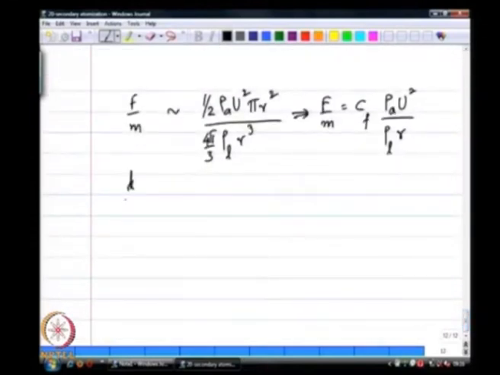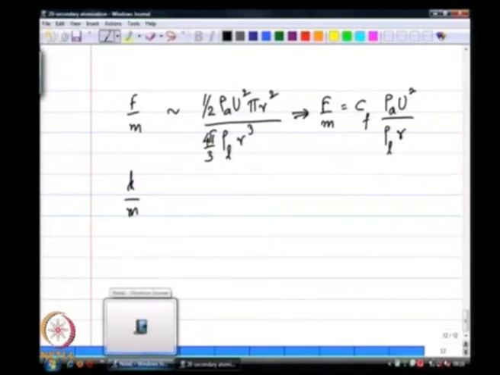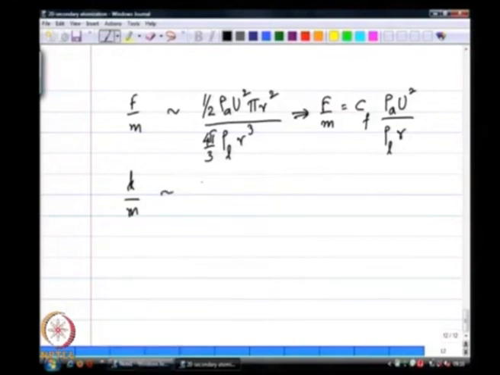Likewise, K by m has units of force per unit mass. In this case, K has the same units as sigma, which is Newton per meter, sigma being surface tension.